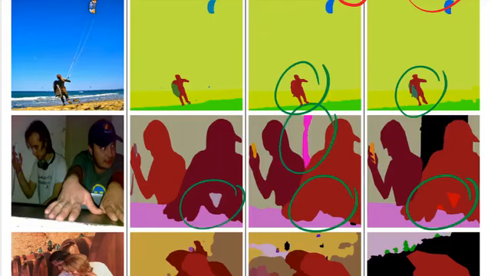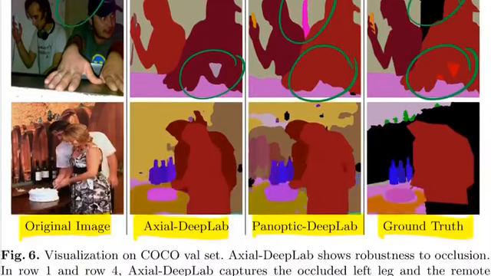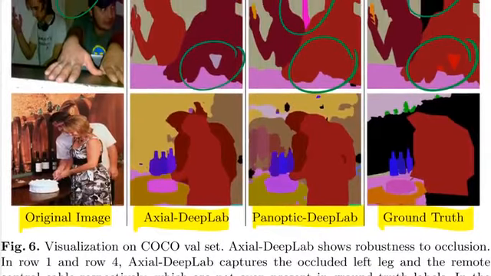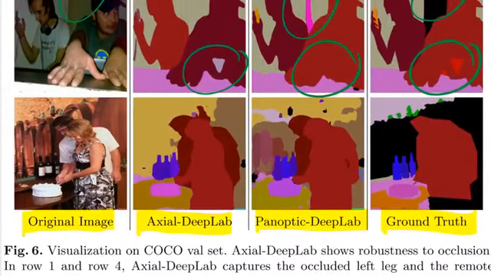And I don't know what this is. Honestly, you can see though the axial attention also misses the fact that it should segment this in the background. And this occlusion handling, you can see best in this example where the person in the back reappears on both sides of that person.